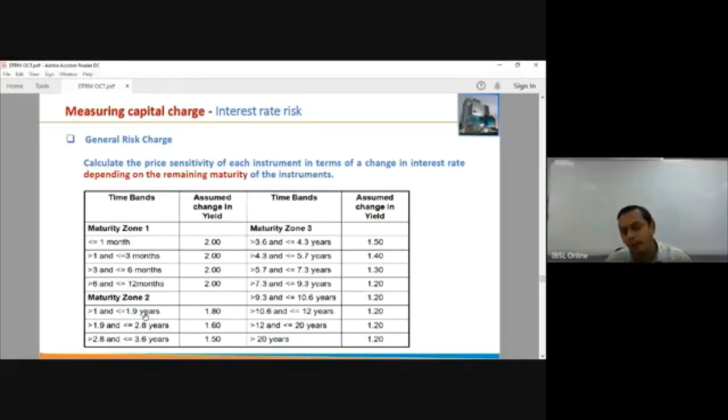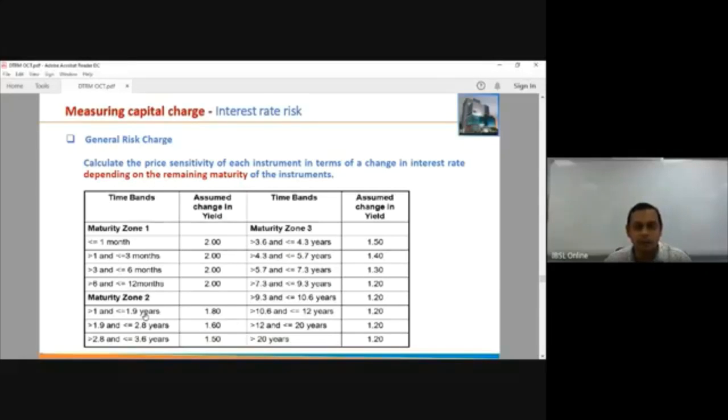Now, the computation for the general risk charge is simple. You understand this. Calculate the price sensitivity of each instrument in terms of change in interest rate, depending on the remaining maturity of the instrument. The important thing is that all these computations are based on remaining maturity, not the original maturity of the instrument.